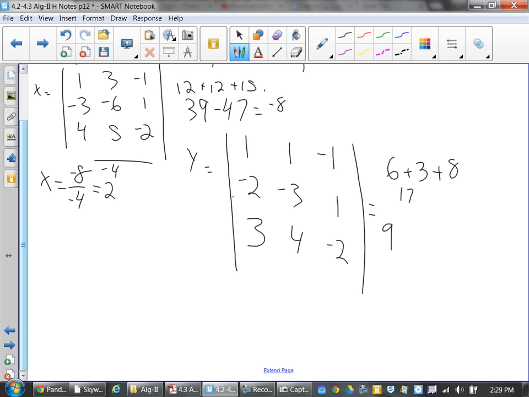Upward is 9, 4, 4, so 17. Woo-hoo, Y is 0. And then Z, 17 minus 17.